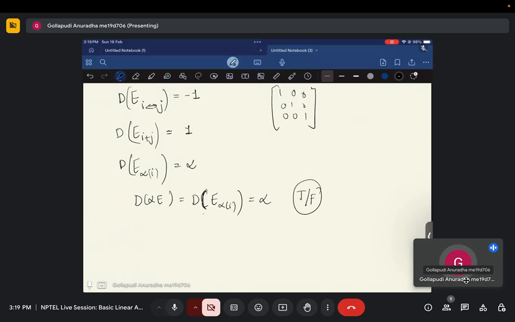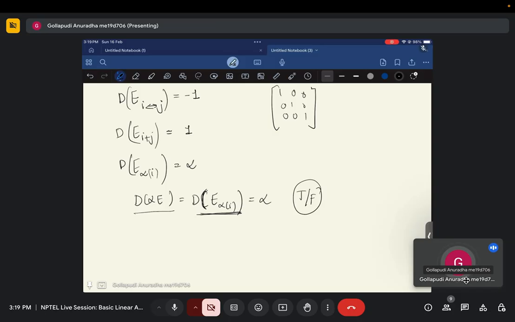This means multiplying a single row of E with alpha, versus multiplying E with alpha. So is it a true or a false statement? False, ma'am. Yeah, it is false.